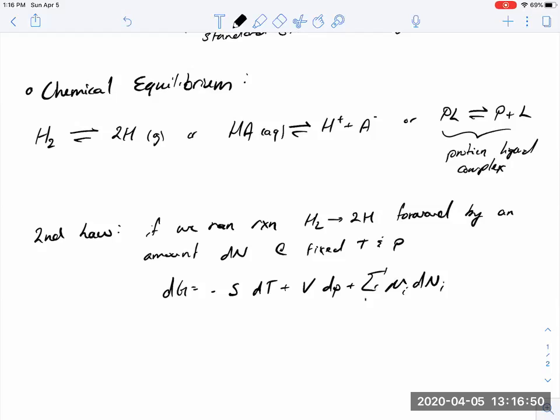And because I have multiple species, I have a sum over those species. At fixed temperature, the S dT term goes away. At fixed pressure, so does the V dP term. So the change in the Gibbs free energy is just a sum of chemical potential terms times their changes in numbers of particles.